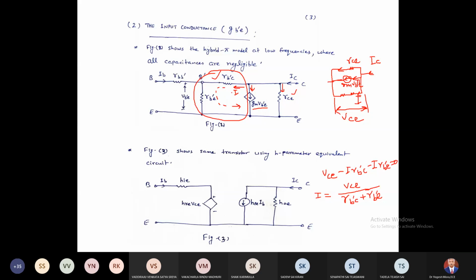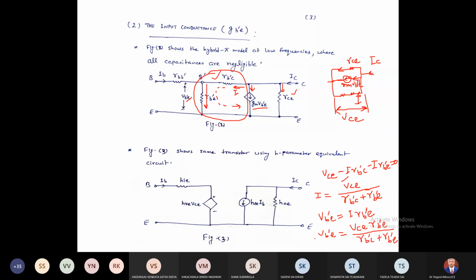Now you see this I is also flowing in this resistance RB'E. So VB'E will be the voltage divided by RB'E. VB'E is equal to VCE times RB'E divided by RB'C plus RB'E. This is the value of VB'E, right?